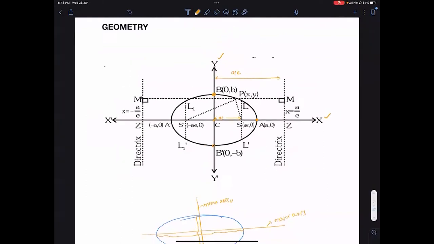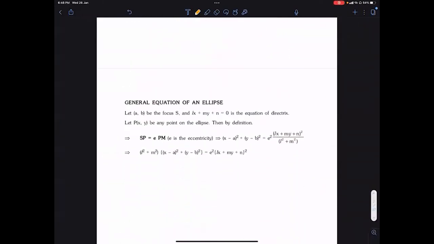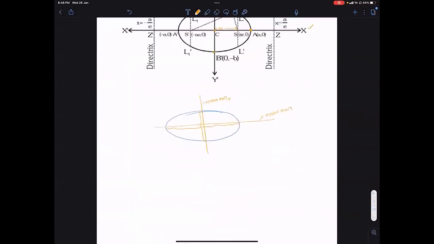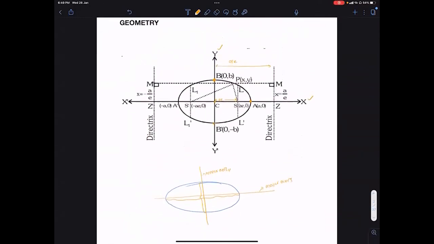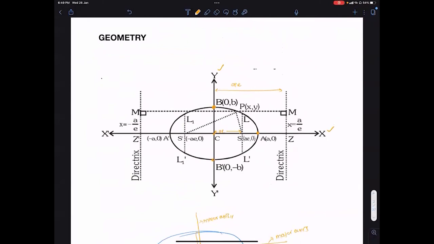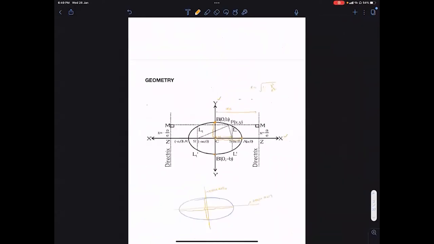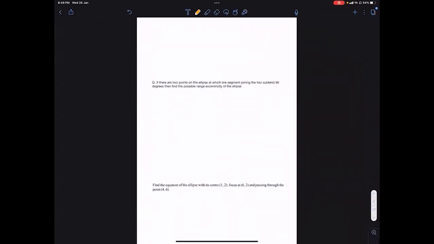Eccentricity of the ellipse is given by square root of 1 minus b square by a square, where b is the semi-minor axis length and a is this one. I'm expecting that you already know all these basic formulas.